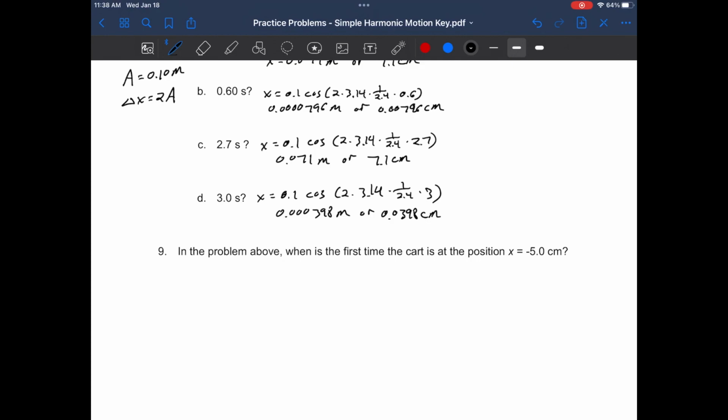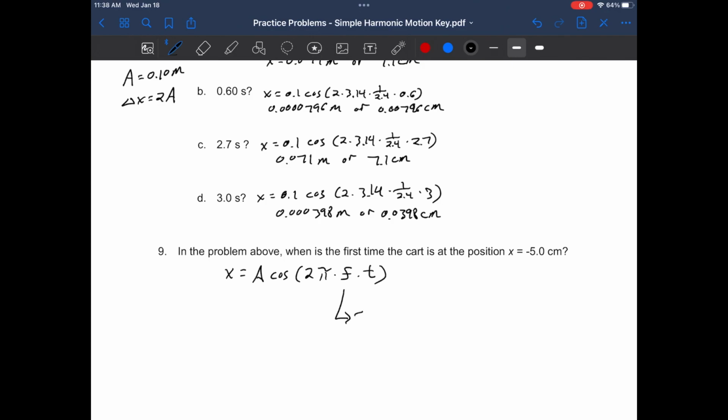For number 9, in the problem above, what is the time the cart is in the position of x equal to negative 5 centimeters? So don't forget our formula. Let's just write it down so we have it at our access. The position is equal to the amplitude times cosine of 2 pi times frequency times time.